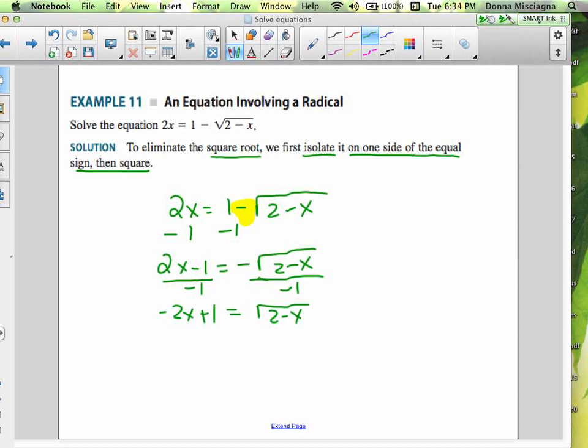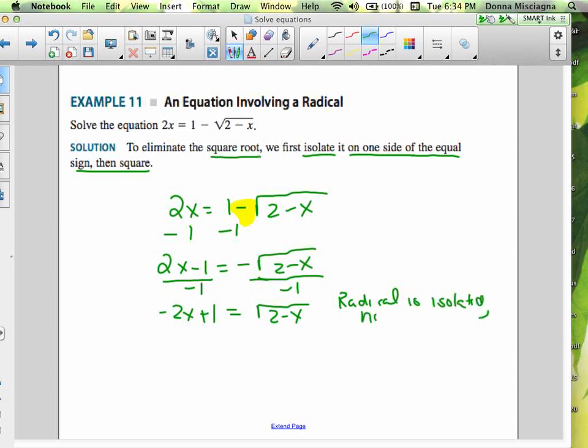Excuse me, not something squared. Sorry, I'm thinking of something that's what we're doing in Algebra 2. Our radical is isolated.